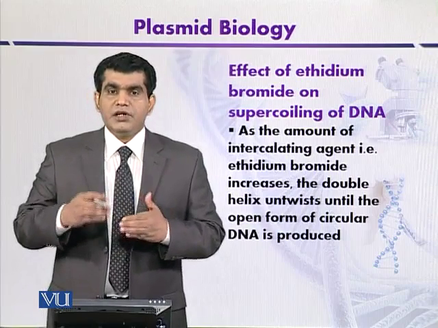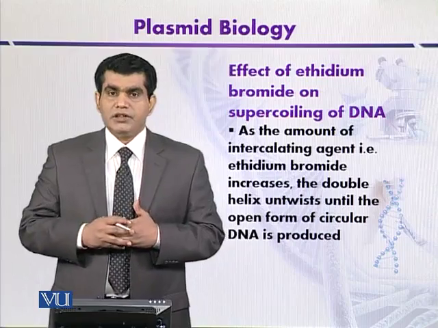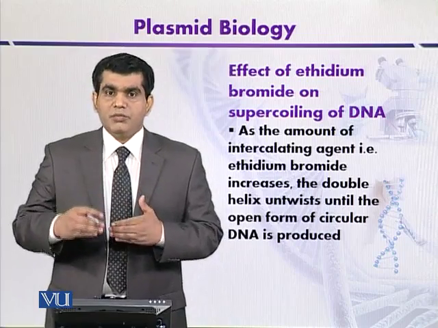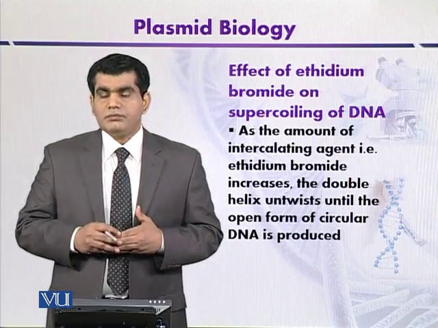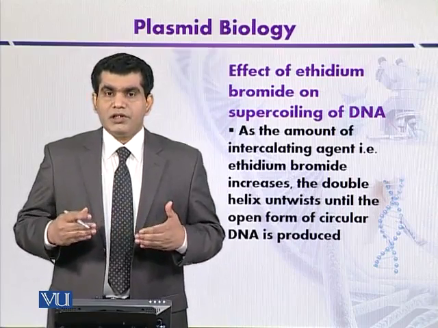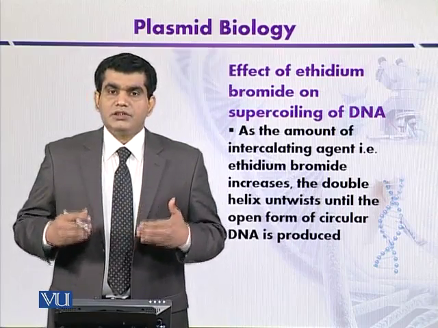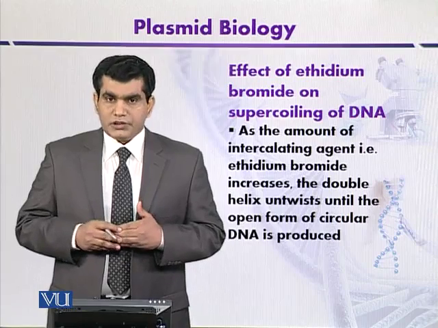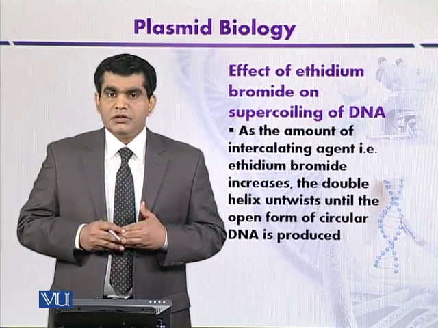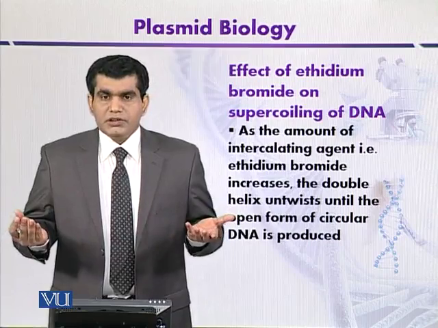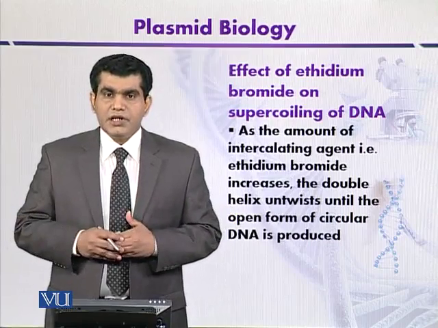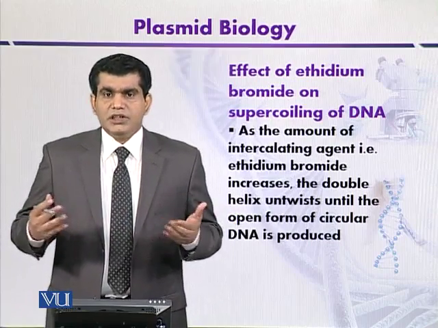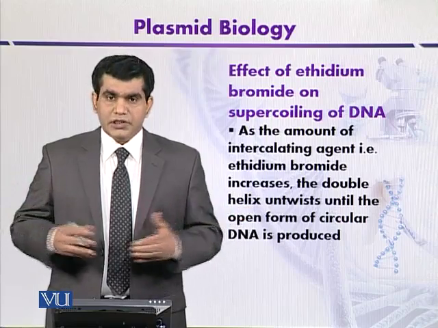So if intercalation is going on, that is, addition of ethidium bromide is going on, then the supercoiled DNA is converted into open circle. That is covalently closed circle DNA or CCC DNA, or simply we can say it is open circle DNA.